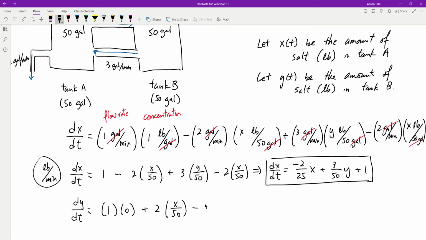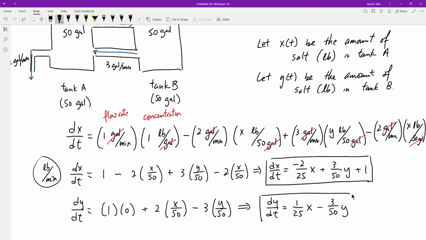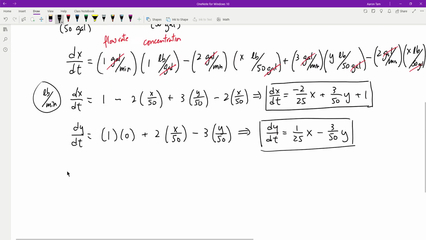And then leaving is 3 gallons per minute with a concentration of y over 50. So this comes out to be dy over dt equals 2 over 50, which is 1 over 25 x, minus 3 over 50 y. And therefore that's my system of equations right there.